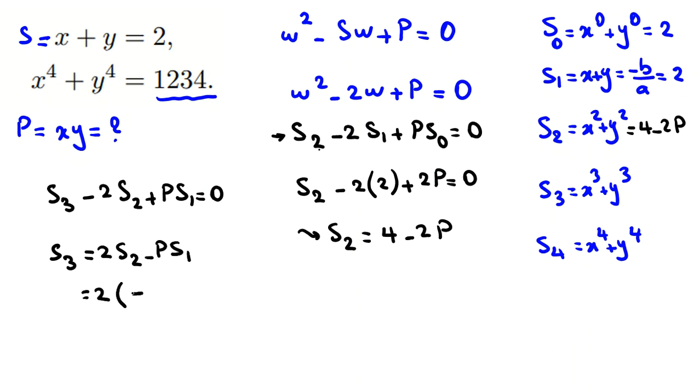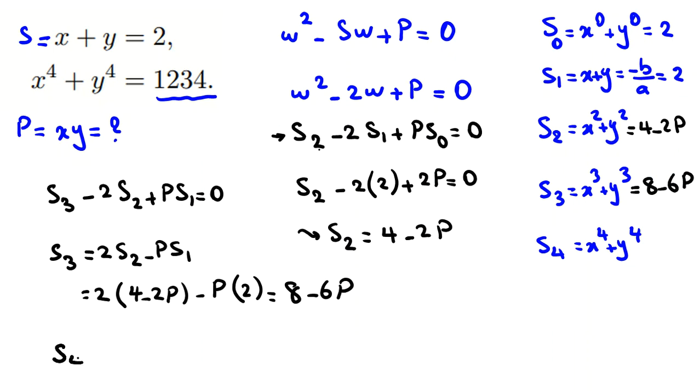S2 is 4 minus 2P, and S1 is 2. So it will be 8 minus 4P minus 2P, which is 8 minus 6P. Okay, so let's write it here, and one thing is left, S4.